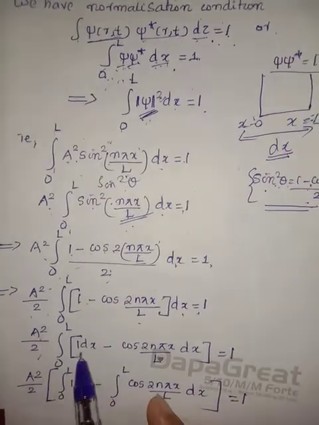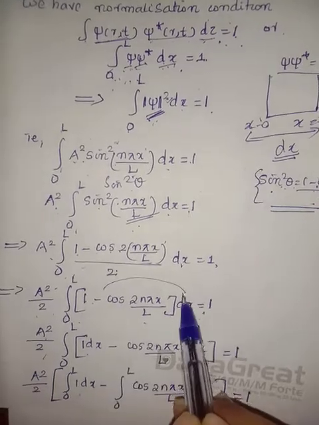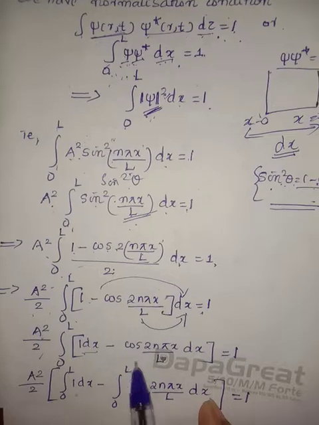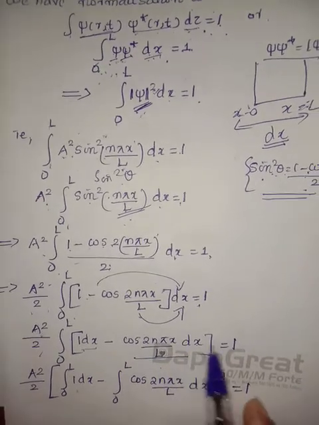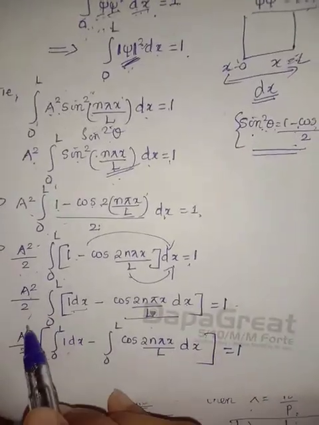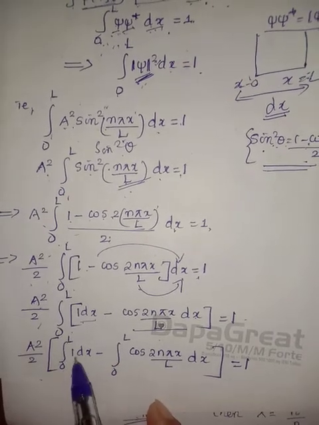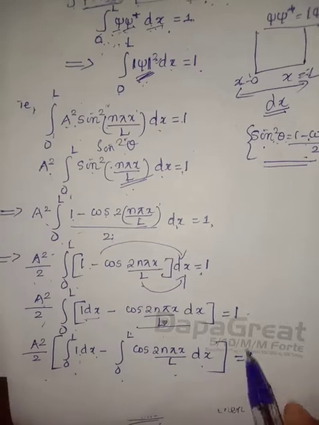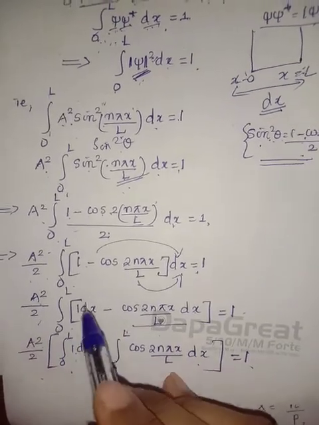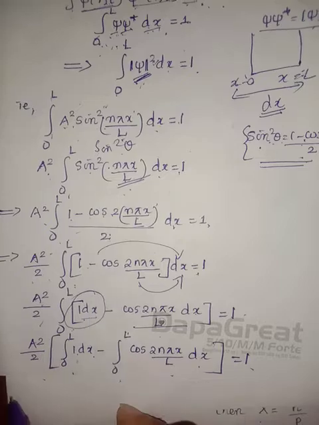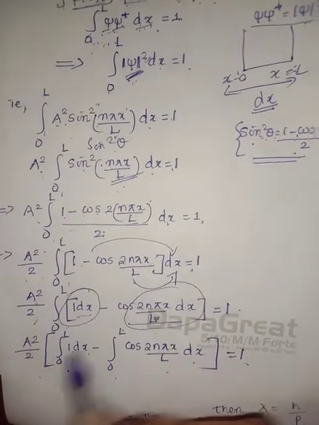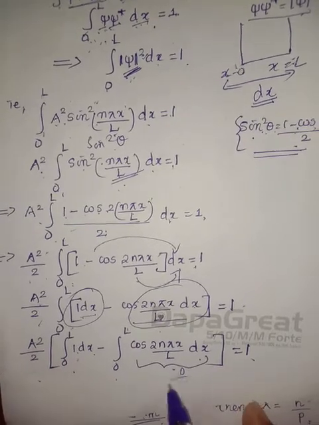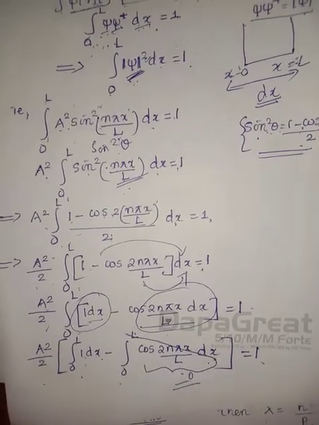That is a square by 2 integral 0 to L 1 dx minus integral 0 to L cos 2 n pi x by L dx is equal to 1. Split the two integrations: integral 0 to L 1 dx is our first integration, and the second is the integral of the cosine term. But the value of the second integral will be 0, so we can neglect this factor.